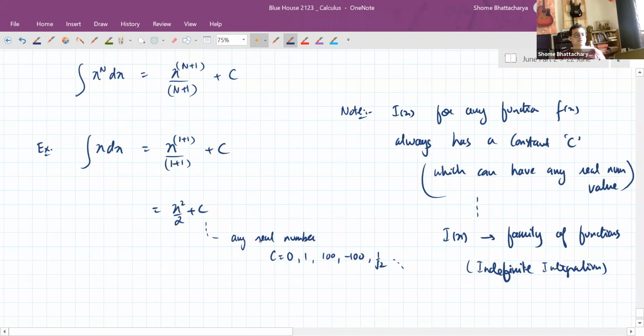So there are infinite functions which satisfy the condition of being the indefinite integration of x, and those infinite functions are represented by a family which we can say is x square by 2 plus c. That is why it is called indefinite integration. It does not give us a definite answer. It gives us an indefinite answer, but in the form of a family of functions. So that is pretty useful on its own.